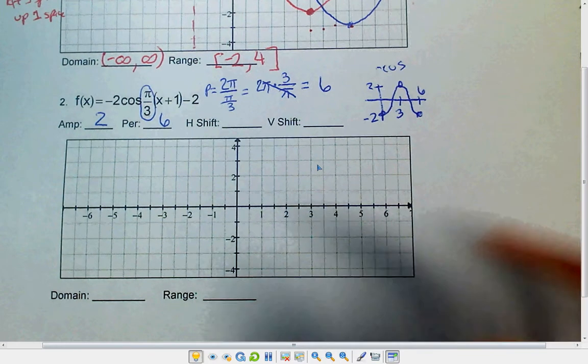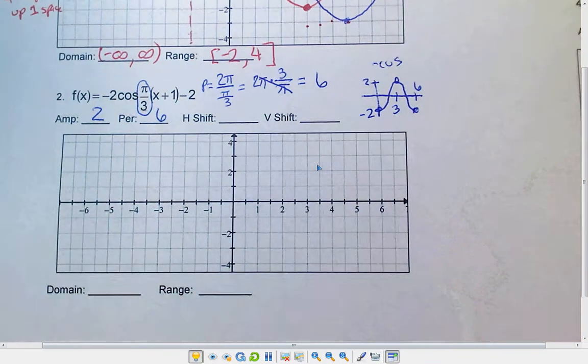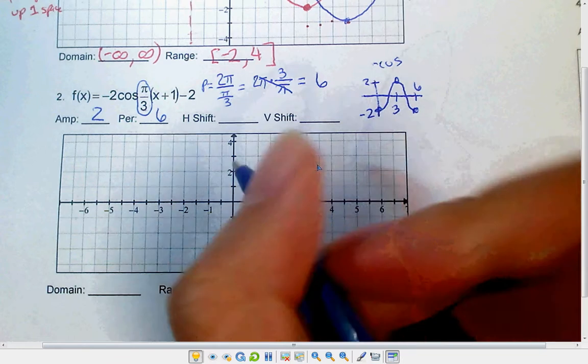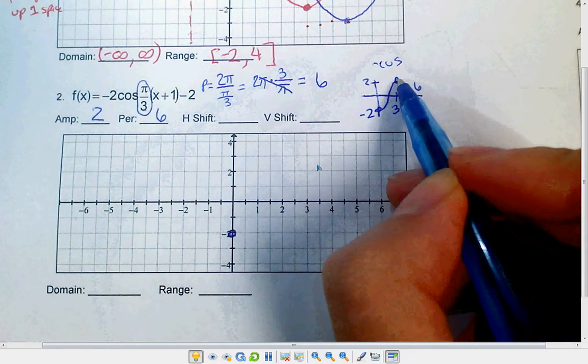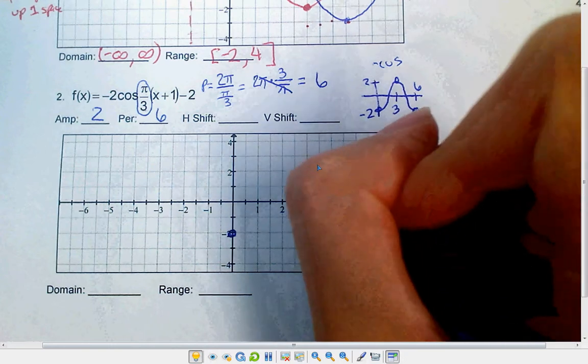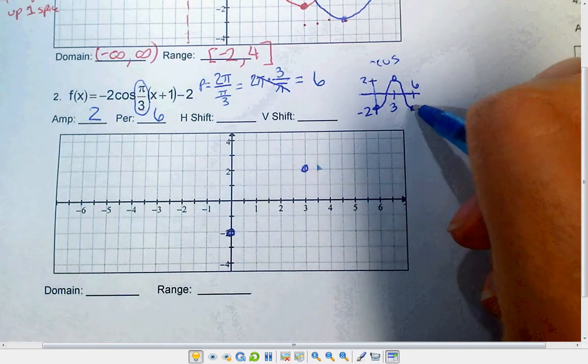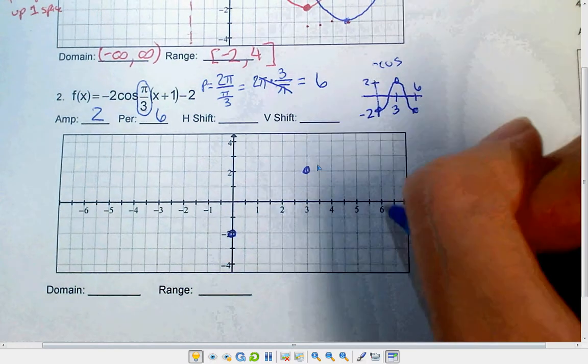So again, we're going to sketch this graph on top of our chart. So we have -2 is our beginning point. We know at 3 we want the point to be at the top, so that's going to be at 2. And then at 6 we want the point to be at the bottom at -2.